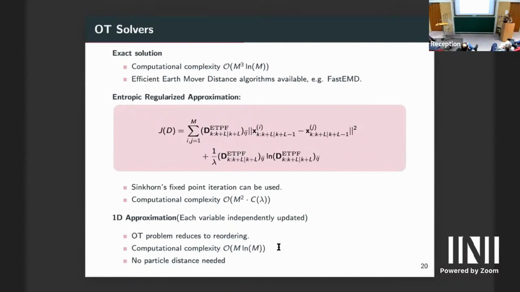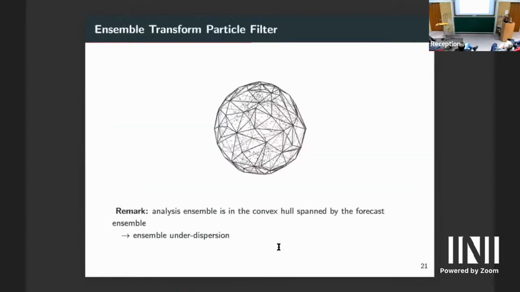What is often done in data assimilation is localization, where you consider the components of the state space individually, and that makes the problem a little bit simpler. But this is a detail that we maybe don't need to talk about right now.